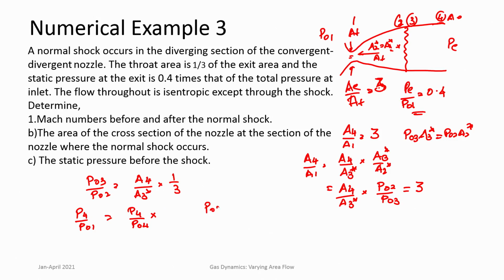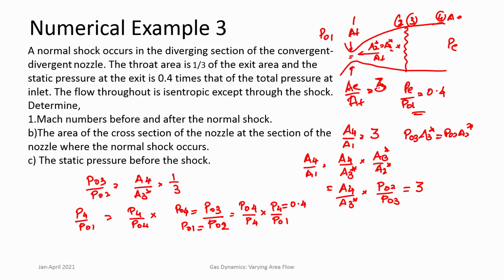So P03 is equal to P04. P03 by P02, I can write it as P04 divided by P4, okay, and multiplied by P4 by P01. Yes, so we can give this value because P02 is equal to P01 and P03 is equal to P04. Because P4 by P01 is given, this is equal to 0.4.